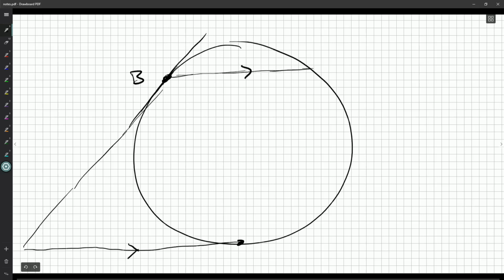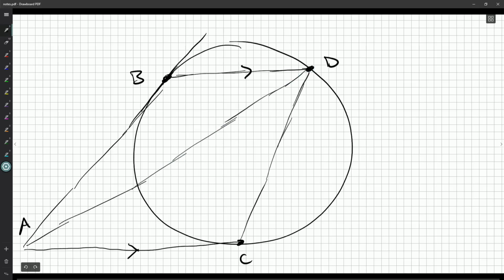I want to use the parallel somewhere, because otherwise why did they give us the parallel? And we want to figure out AD, or potentially AE. Oh, and they also gave us CD is 28. So I'd like to use that 28. We've got both of these 49s here.